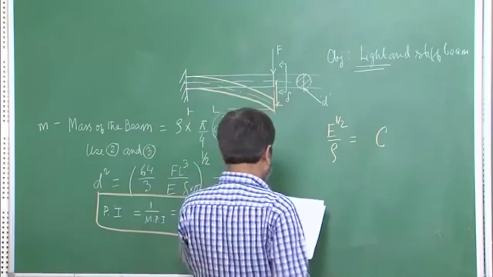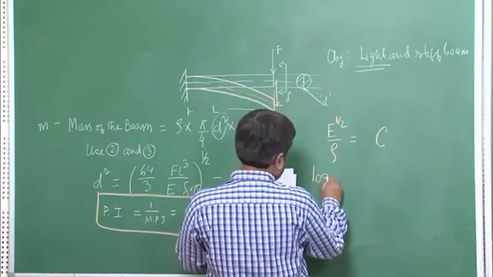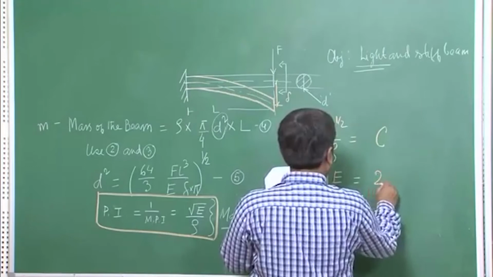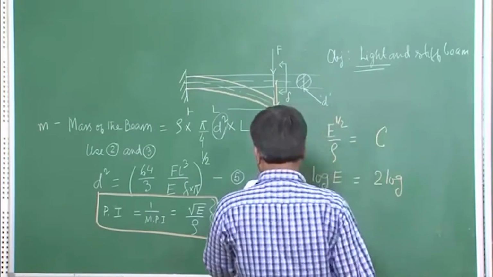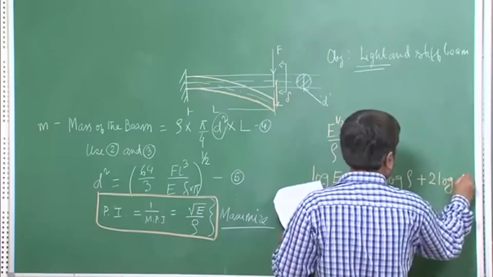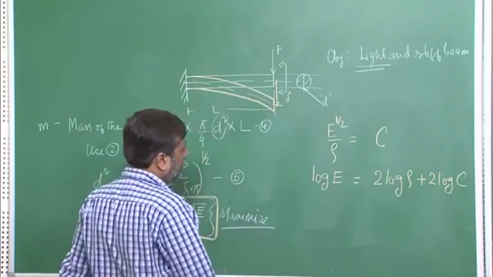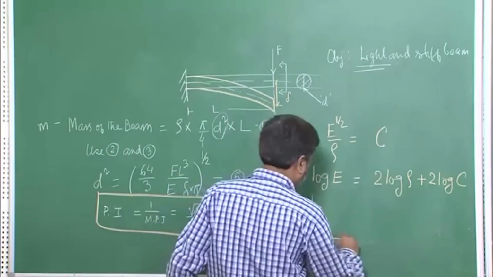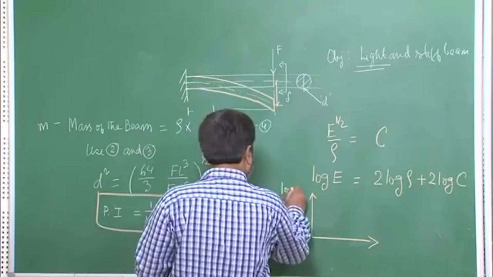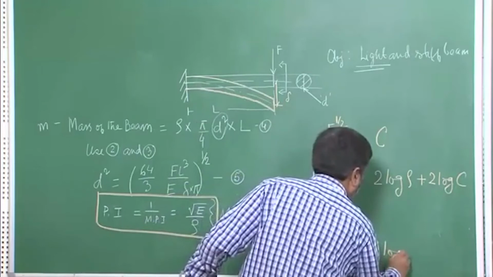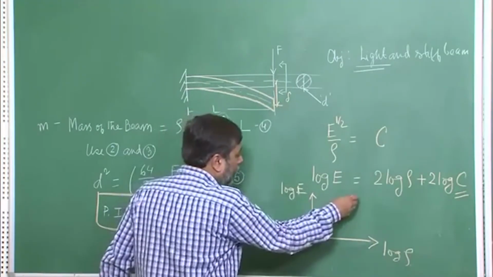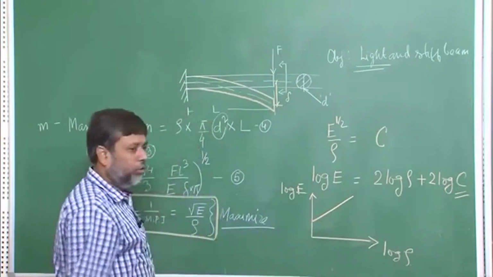Then, taking a logarithm on both sides, I can get log E equals 2 log rho plus 2 log C. In other words, if we now make a log-log plot of the system, that is log E against log rho, then depending on this cutoff value C, we have a straight line in the log-log plot.